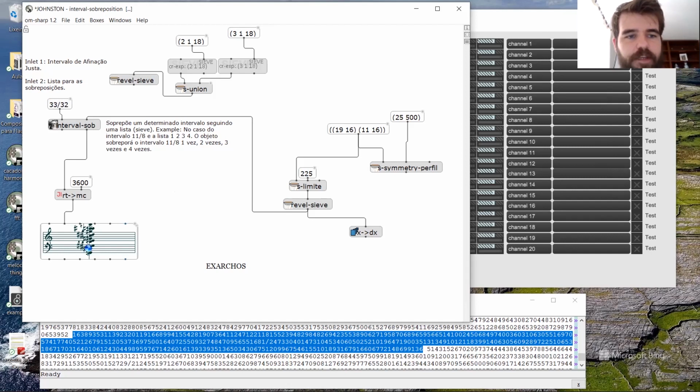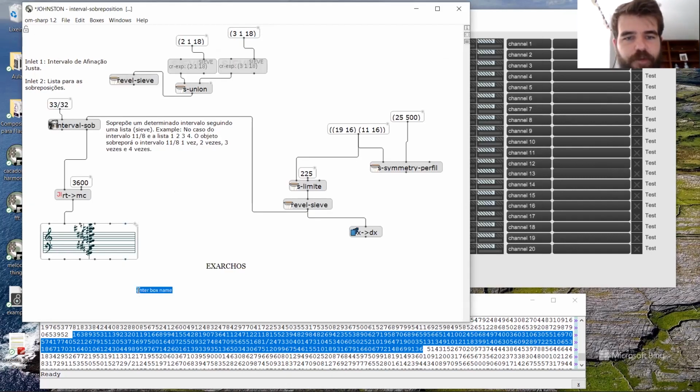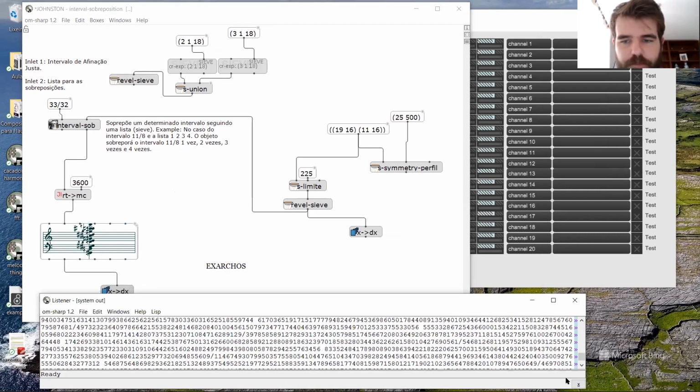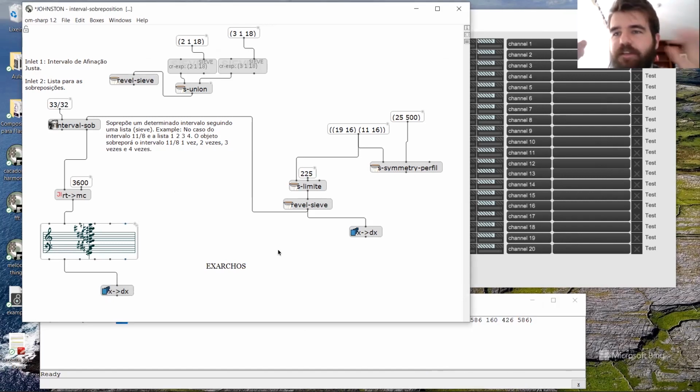So here you can see a very big spectrum. If we put here the same object, we will see that the spectrum is palindromic too. So that is the idea of this object, the interval superposition.